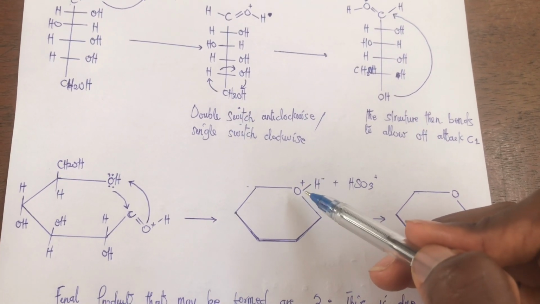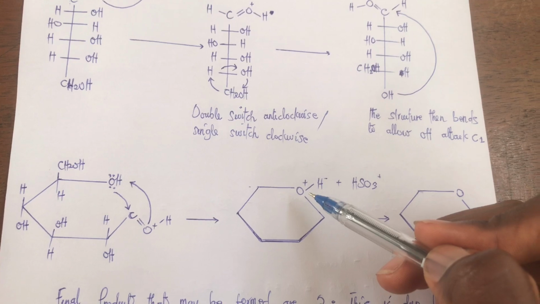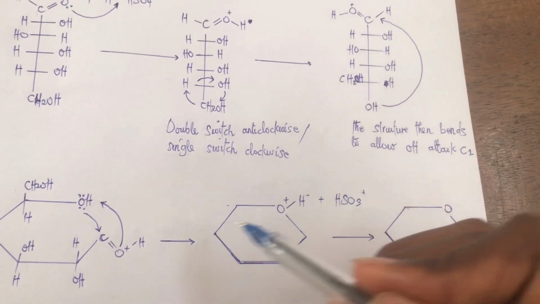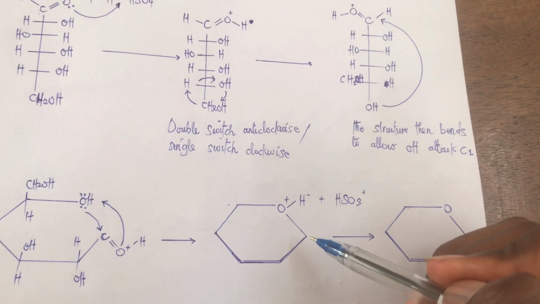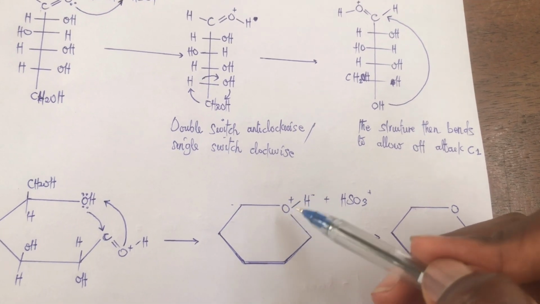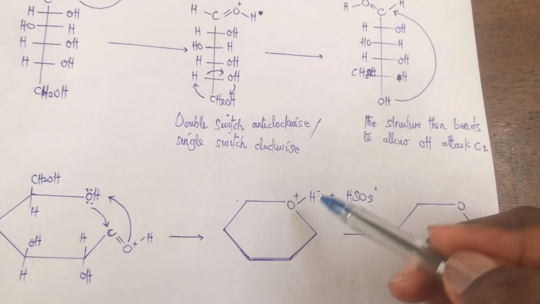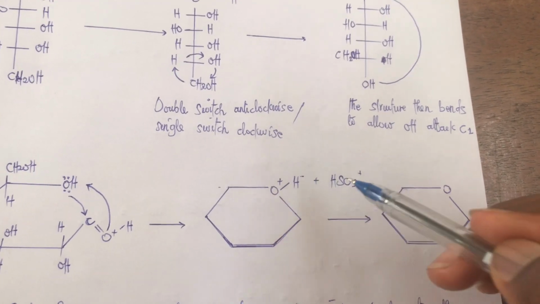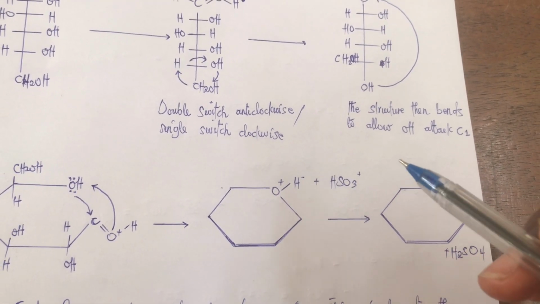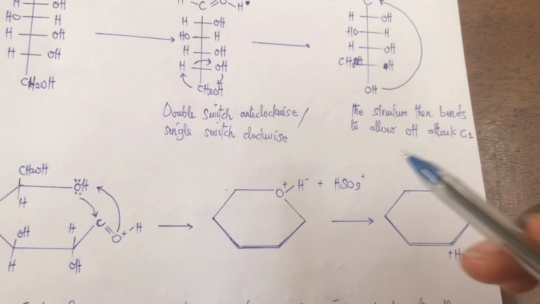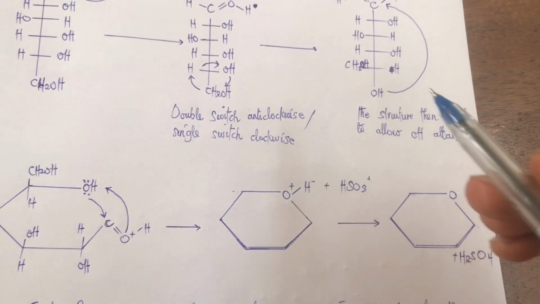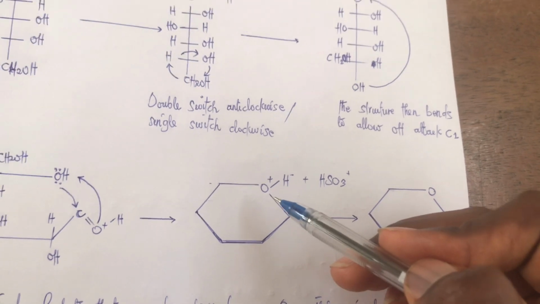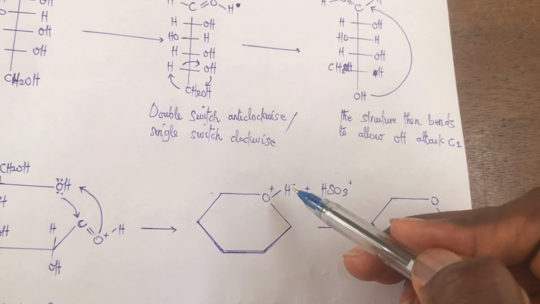Now as I said earlier, the acid does not take part in the reaction or the mechanism. So the OH minus may be up or may be down. But let's focus on this protonated oxygen. The HSO4 minus is going to deprotonate this oxygen, to take its hydrogen back.